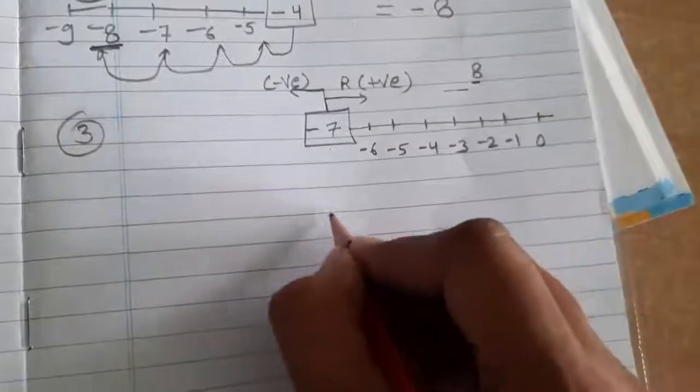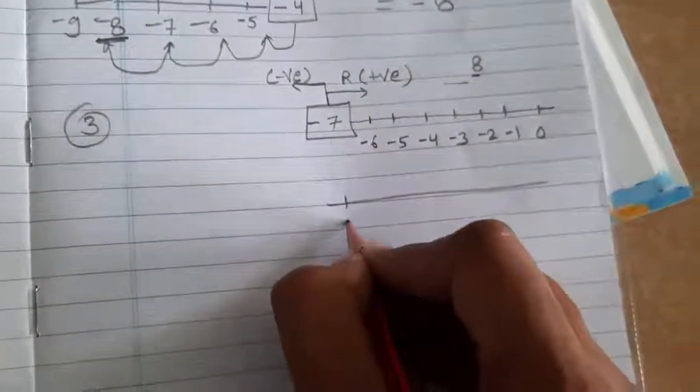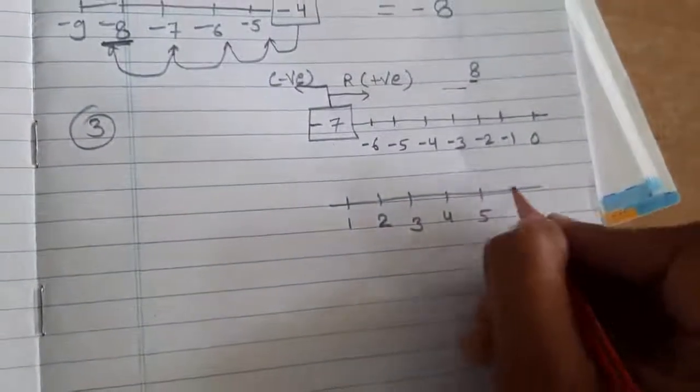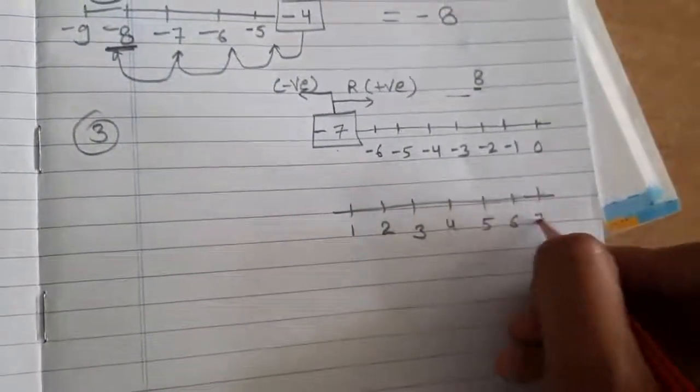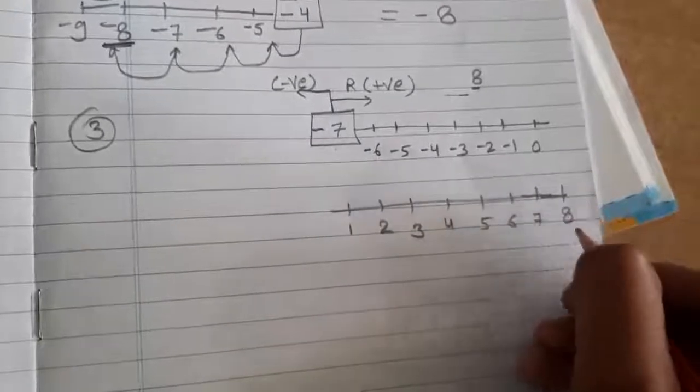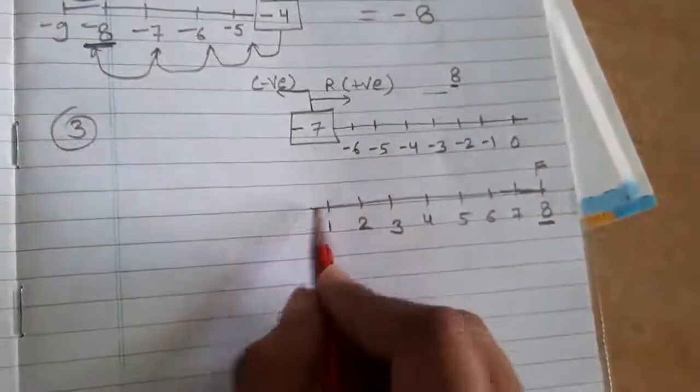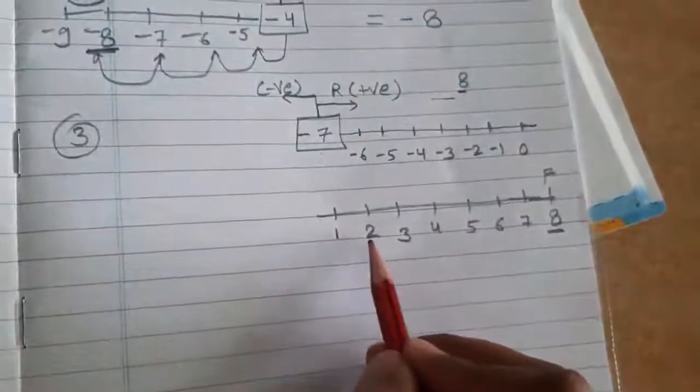I am writing it down: 1, 2, 3, 4, 5, 6, 7, and then the last is your 8. You want to finish till 8. This number line is continuous, there is no space, that's why I am writing down 1.